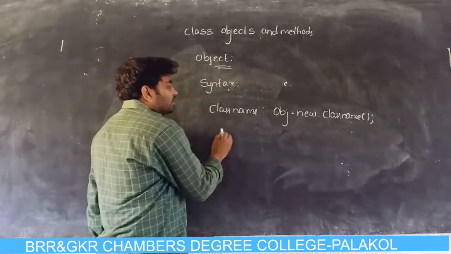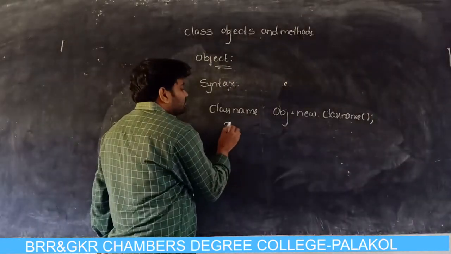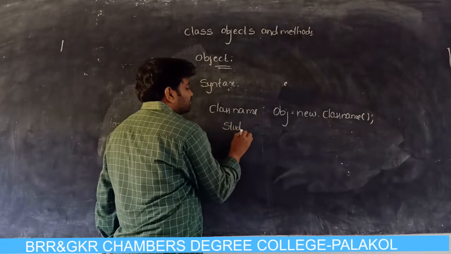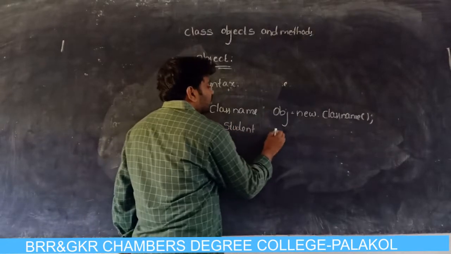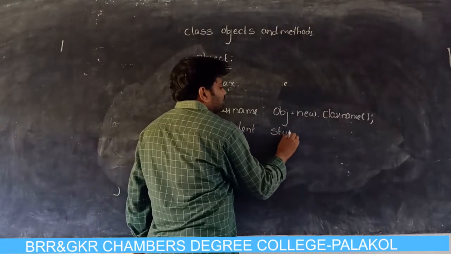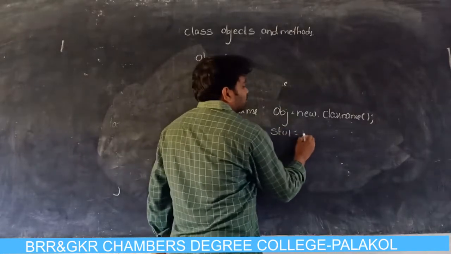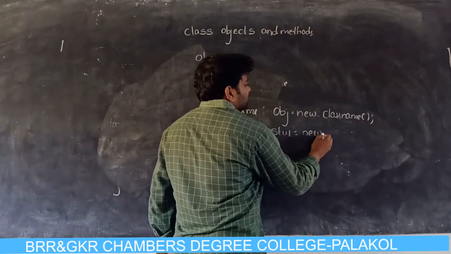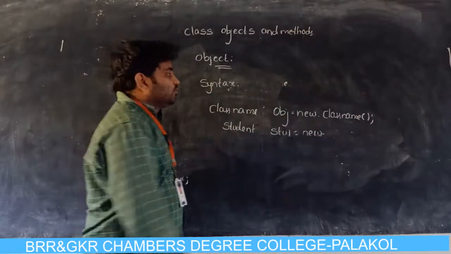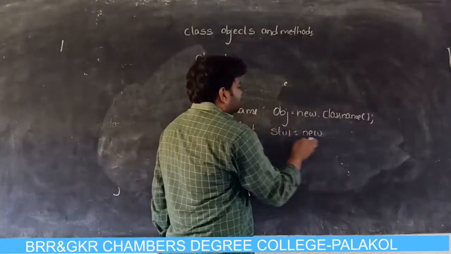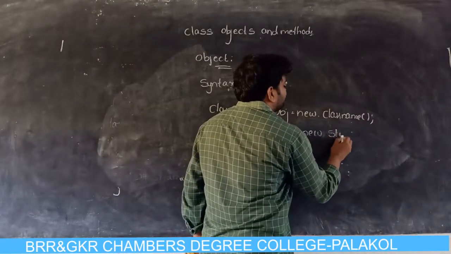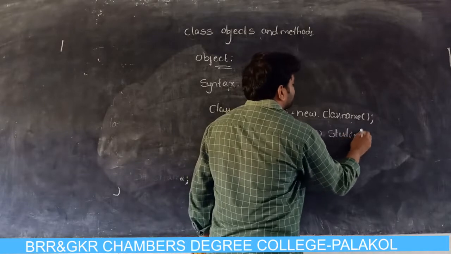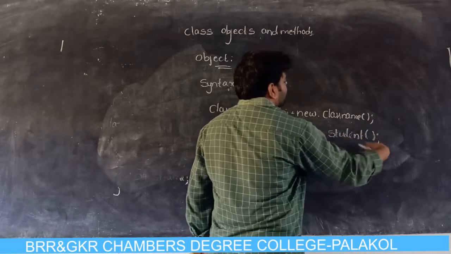Next, the class name. The class name is Student. Object name stu1. This is the object. New. You write the class name Student, semicolon.